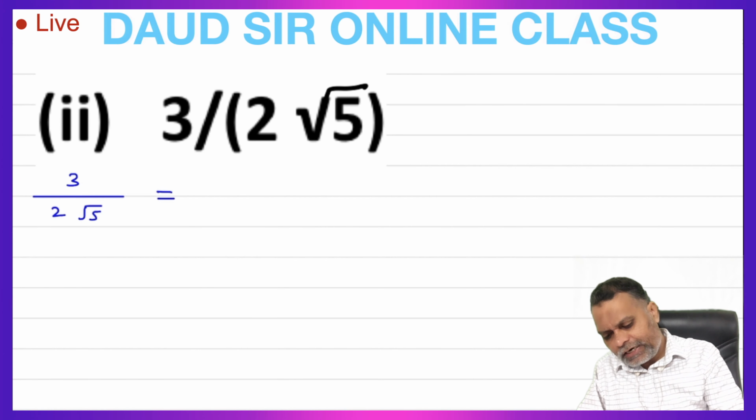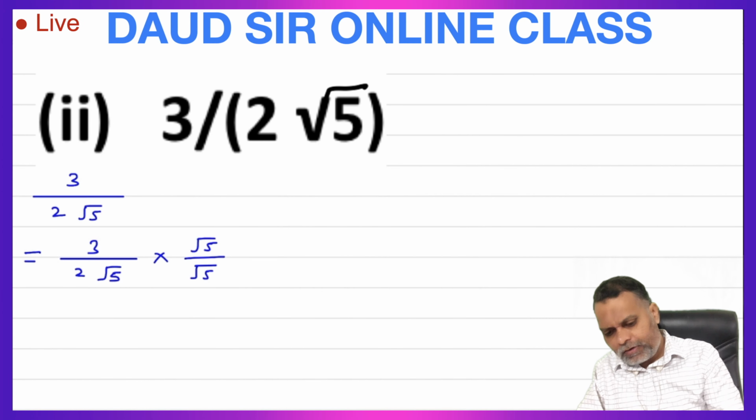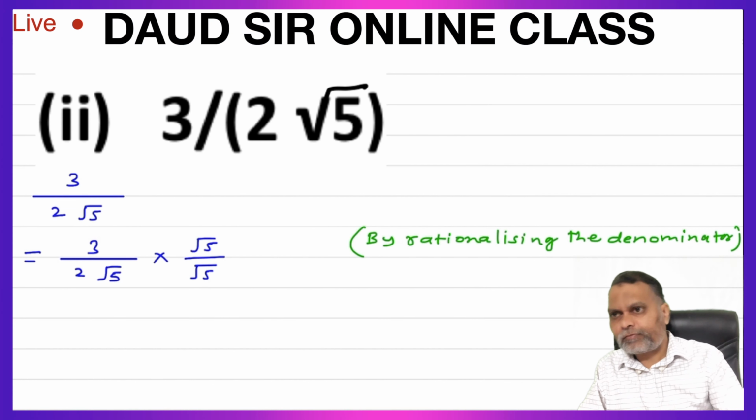So we can write 3 upon 2 root 5, multiplying and dividing by root 5. This is called rationalizing the denominator.